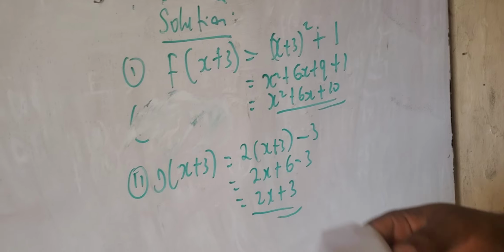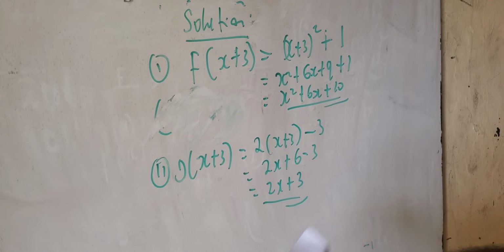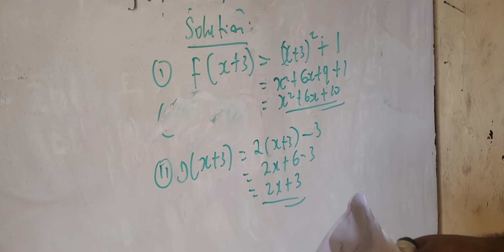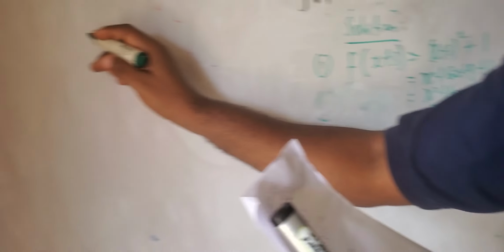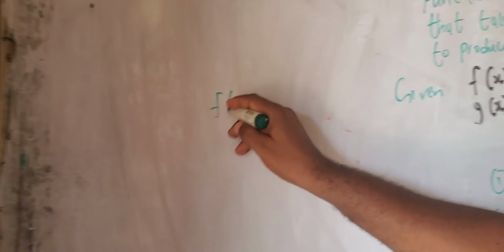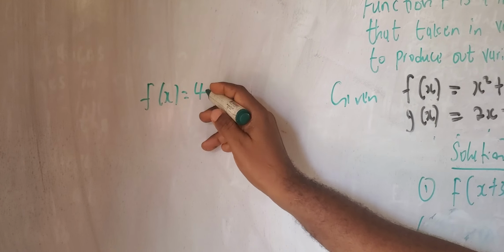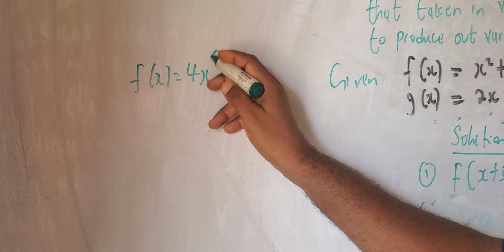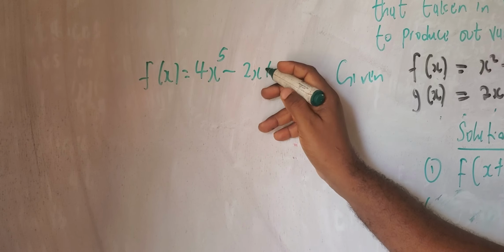Please, I will give you an assignment because this can be extended to other higher polynomials. So the assignment for you is this: you are given f of x is equal to 4x raised to power 5 minus 2x plus 7.